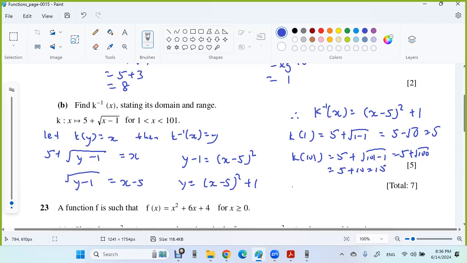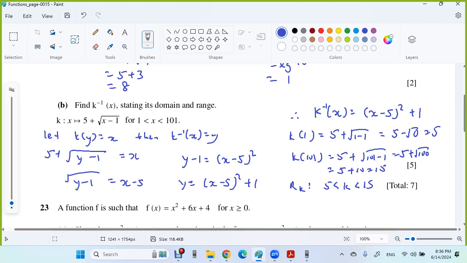So I know that the range of k is between 5 and 15, not inclusive.